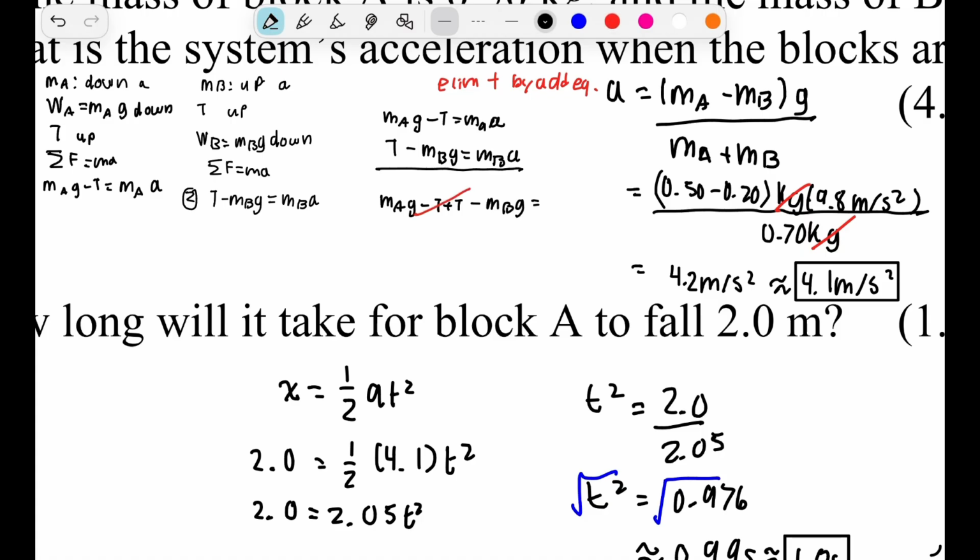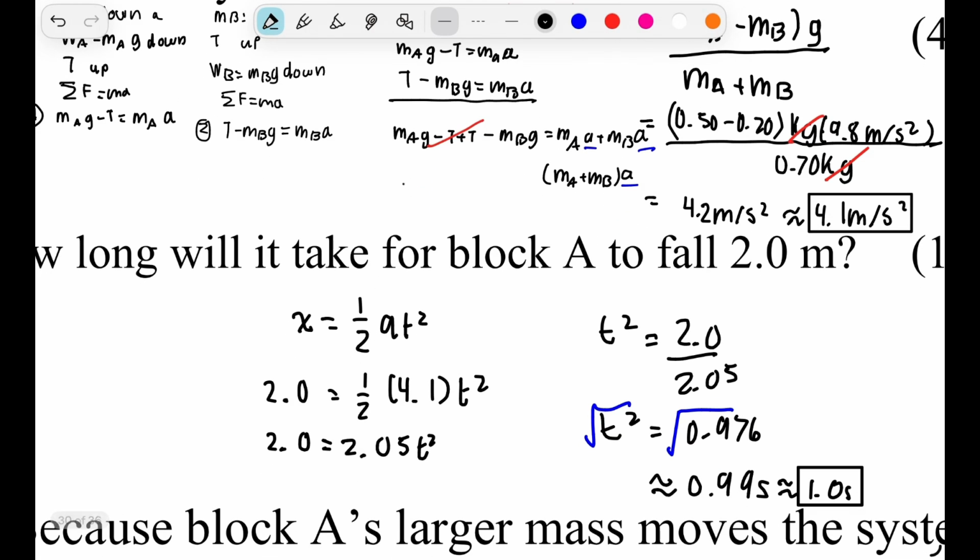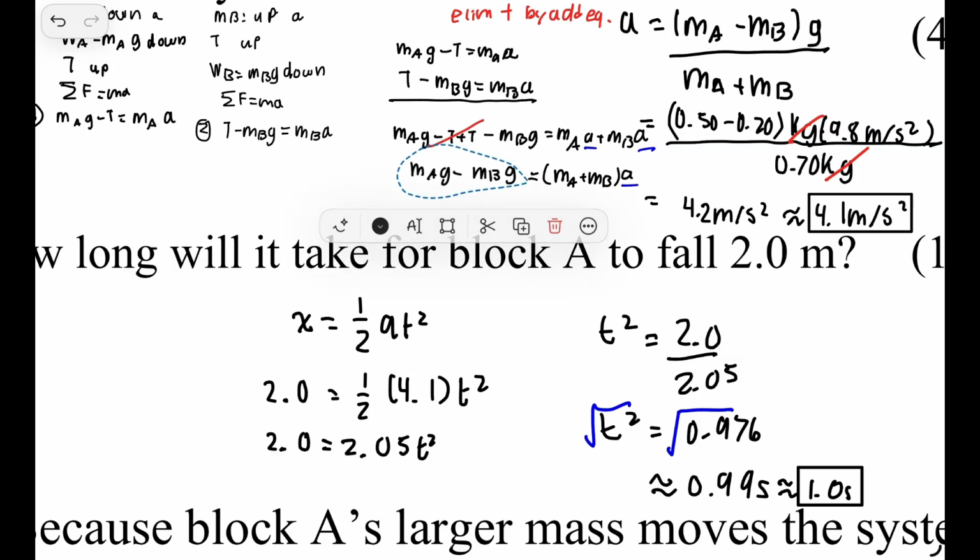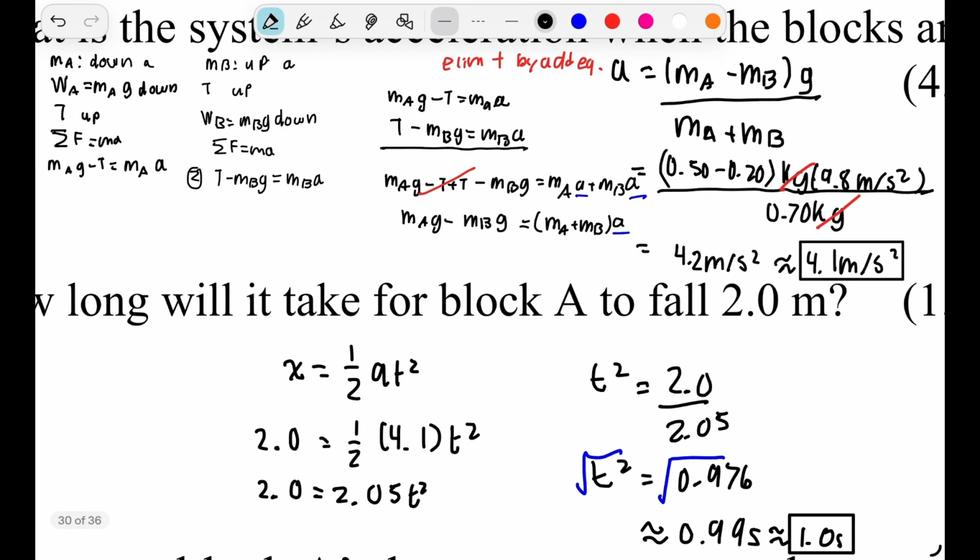On the right, we're going to have maa plus mba. If we factor here, we have ma plus mb times a is equal to mag minus mbg. Now that you have this equality, you can solve for acceleration, which is this formula up here.